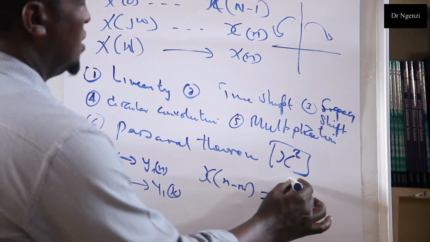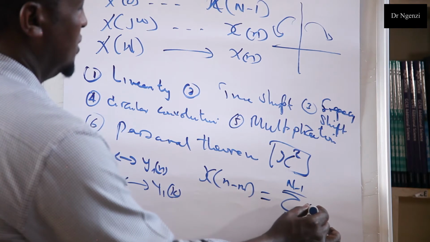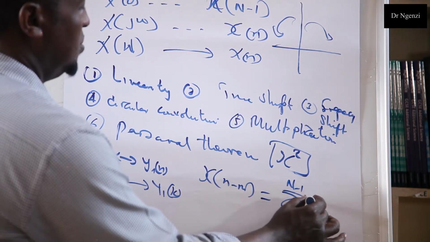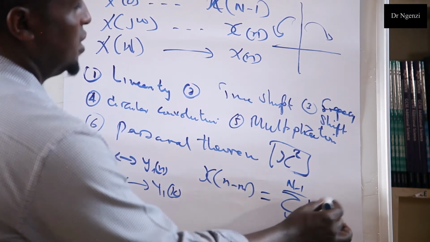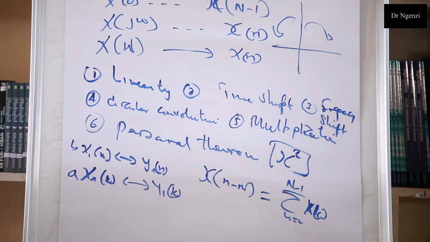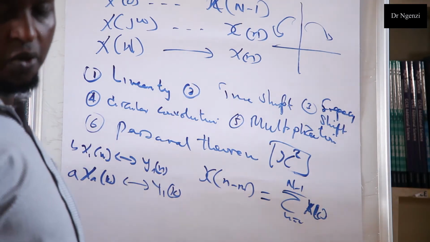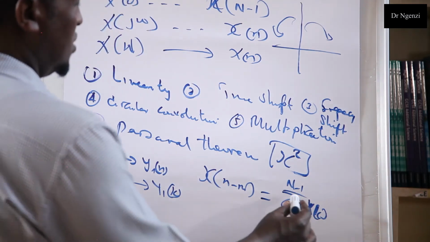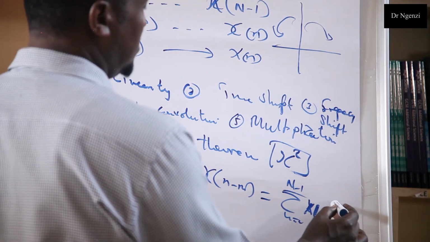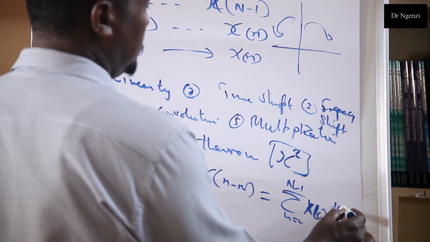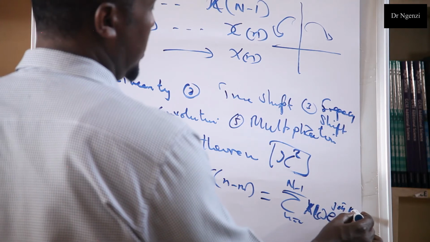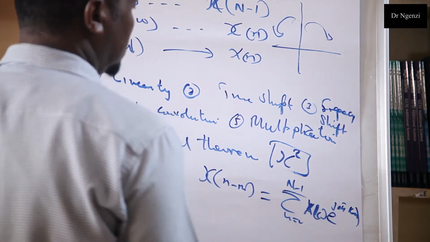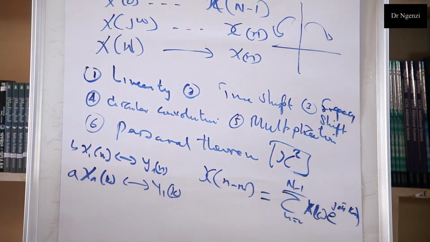But remember, in this case, you are going to combine both signals. So instead of, for example, j2 pi, it is going to be k minus n or m, something like that, minus m in this case. So that is the shift theorem. And also you can have the frequency shift.